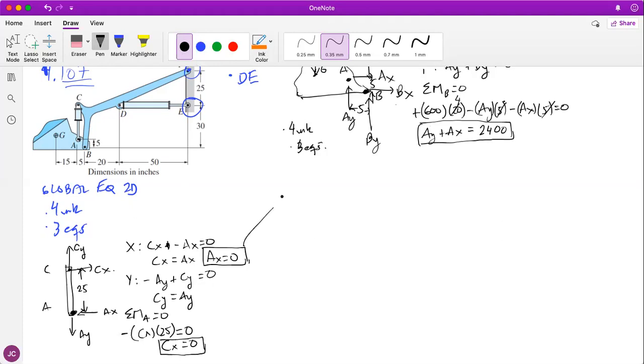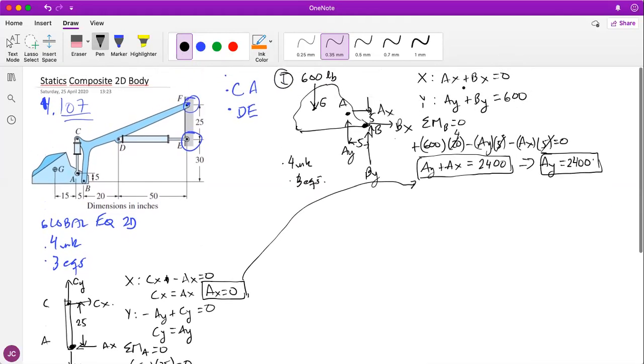So far, I think that's the only thing that I can, no, look. Now from here, I can just go over there. I'm going to erase this one later. But this means that now AY equals 2,400, okay? So that's what it means. And if I go up to see what is happening over there, I already know AY. Therefore, from here, I can put that BY equals 600 minus this.